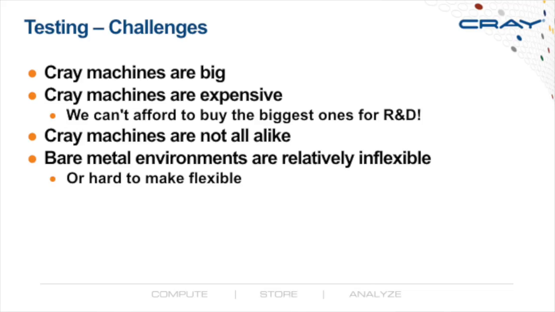Some of the challenges we face are that Cray machines are very big. Doug mentioned the size of some of the big ones. We can get to tens or in some cases even hundreds of thousands of nodes in a single machine. It really is quite big, hard to test. They're also very expensive. I can't afford one.